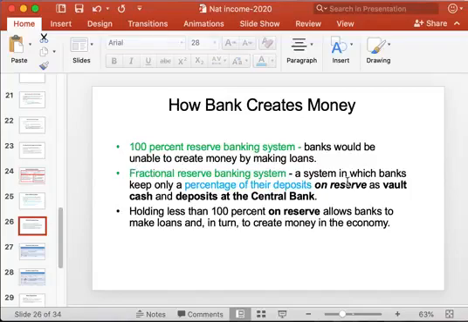So now in the modern economy, the banking system used is called fractional reserve banking system.